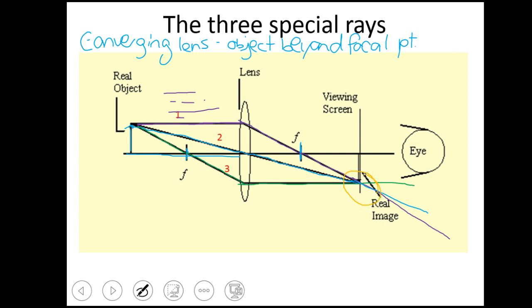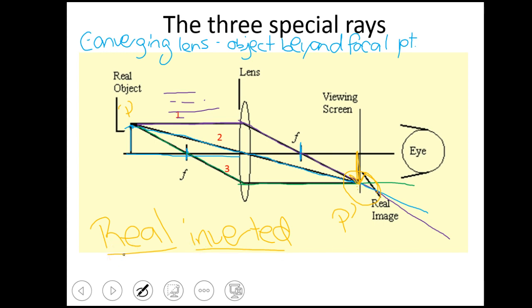And where they all come together is where the corresponding point P and P prime will occur. And so what I know from these converging down here is that I'm going to get a real and inverted, or upside down, image. So it's real and it's inverted.